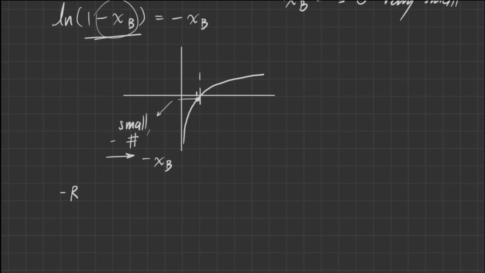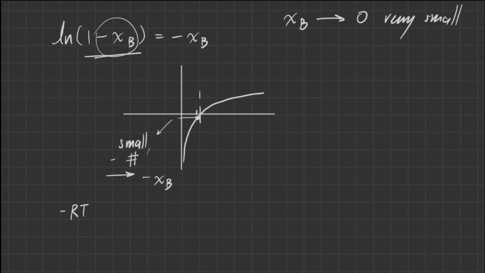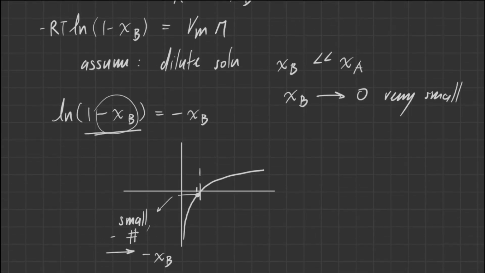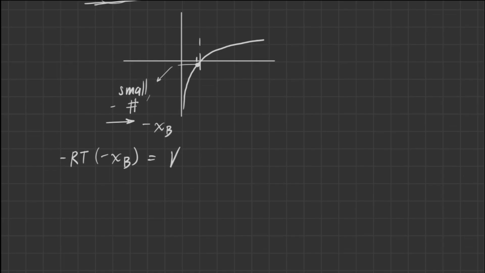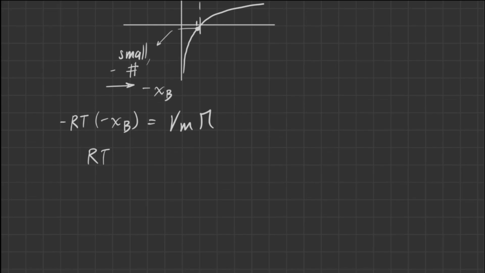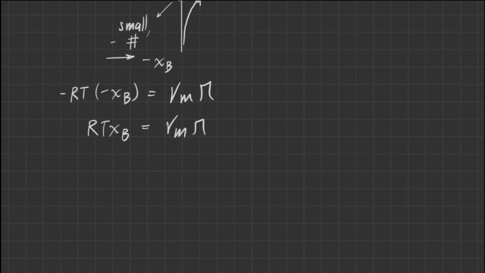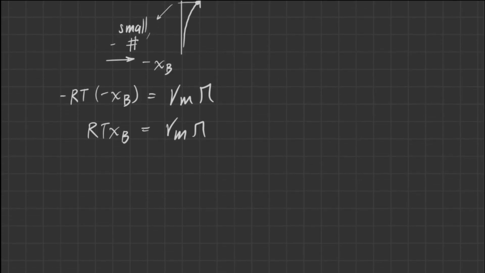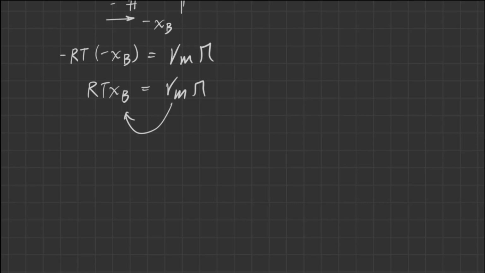So let's simplify a little bit. Negative RT times negative molar fraction of B is equal to the molar volume times the osmotic pressure. I should have done this earlier. Let me just apply that. Okay, here you go. Here you'll notice that we can finally get the molar concentration of the solute, which is divided by molar volume.